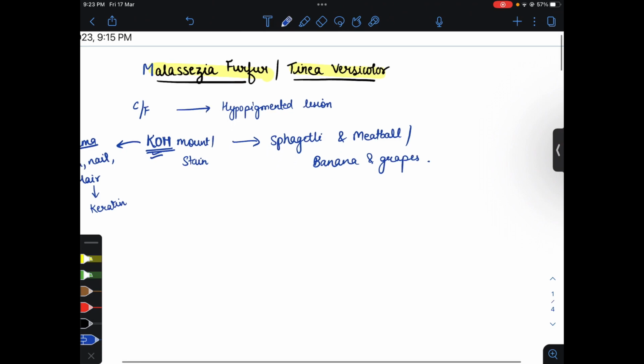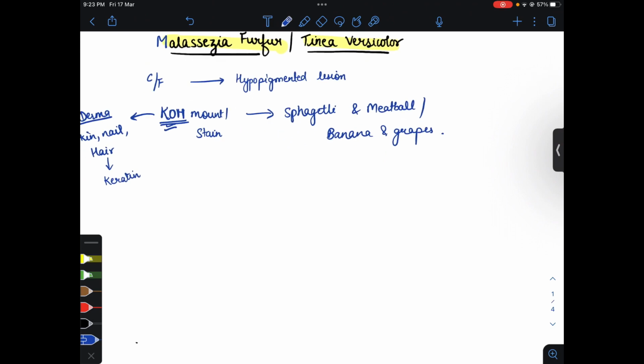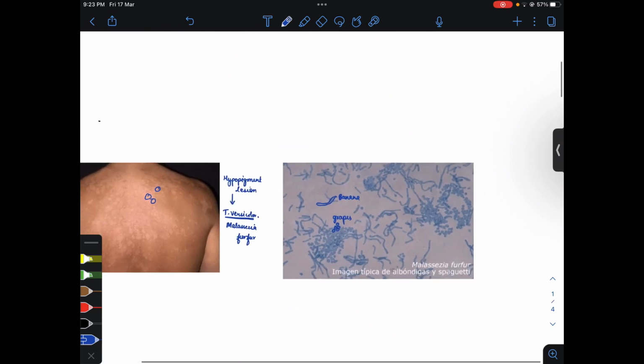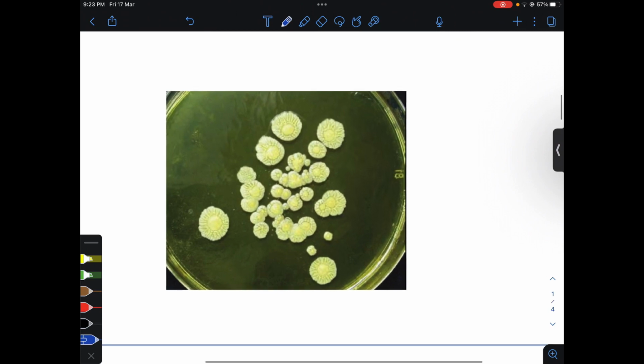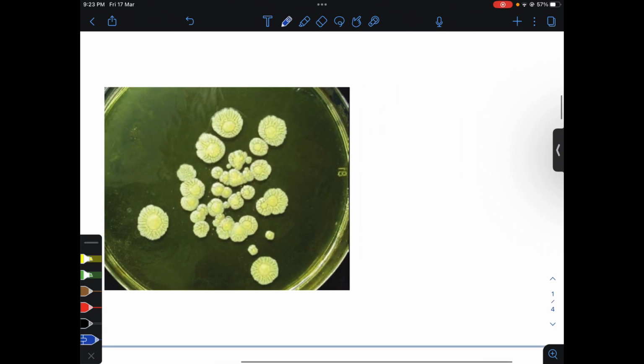Now if we have to culture Tinea versicolor, how do we culture it? We always culture it on SDA agar, and in SDA agar, in this image, we see this appearance, which looks like a fried egg appearance.